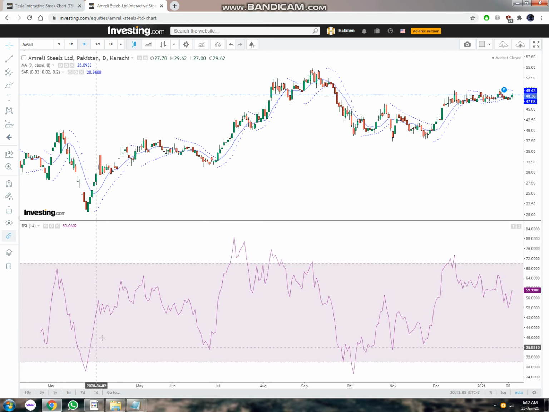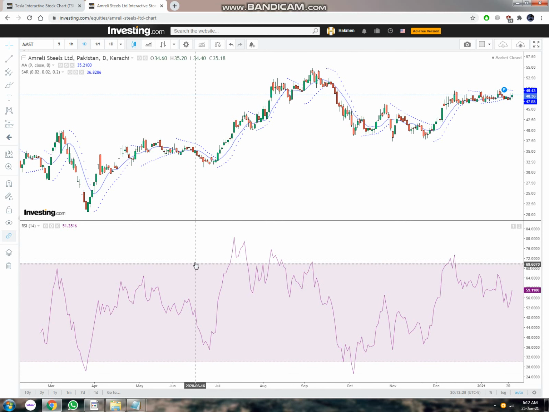Again the market rose. The other was this one at this level. The market rose again from this and crossed this level. In this chart, the market has crossed its overbought area thrice, and twice it has crossed its oversold areas.